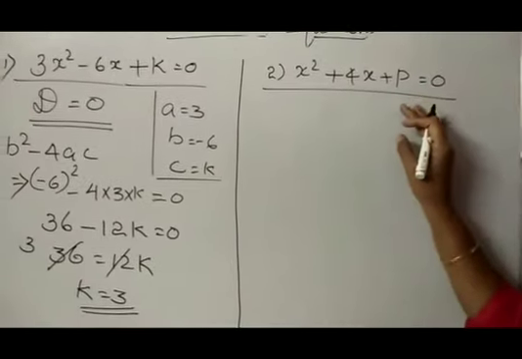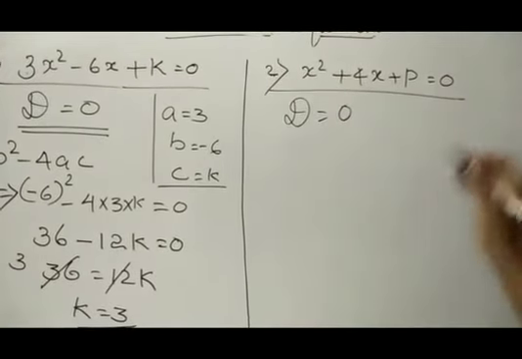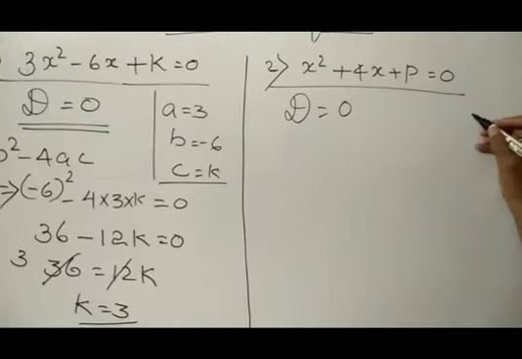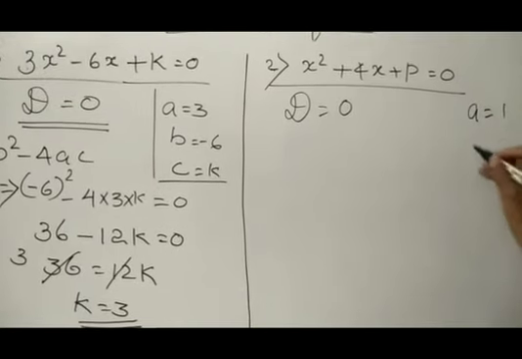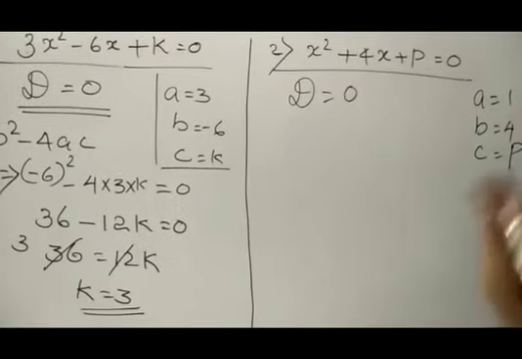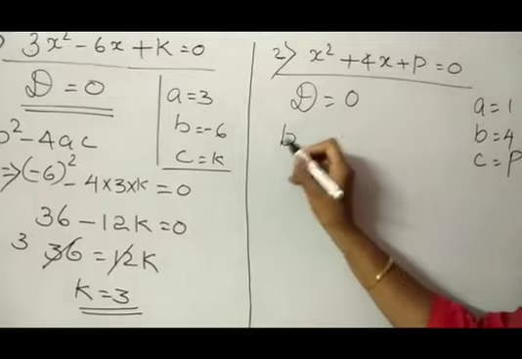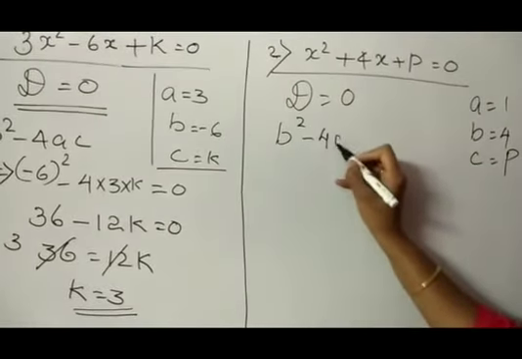In this question also, the discriminant is equal to 0. Find the values of a, b and c. The value of a is 1, b is equal to 4 and c is equal to p. Substitute these values in the discriminant, that is b square minus 4ac.